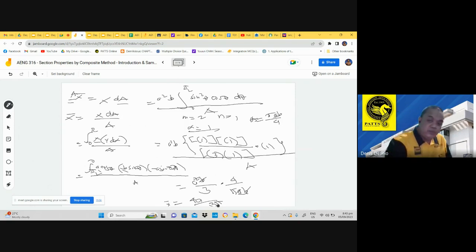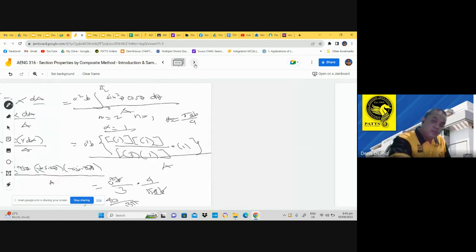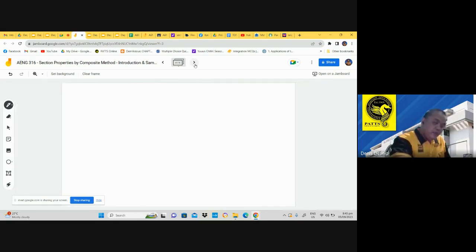Now, we proceed with our lecture, this composite method. And I already mentioned what we need to do to change the original formula of integration to summation. So all formulas we use in the integration will also be used in the composite, except that we replace the integral symbol by summation.